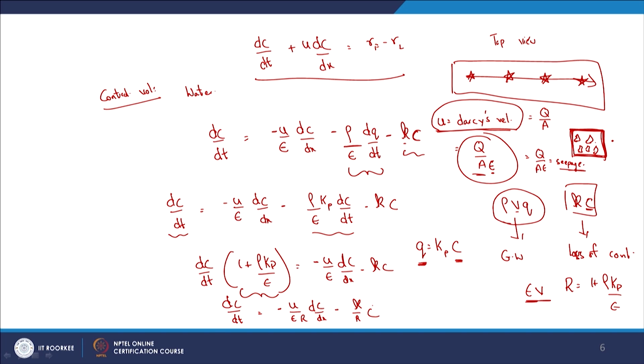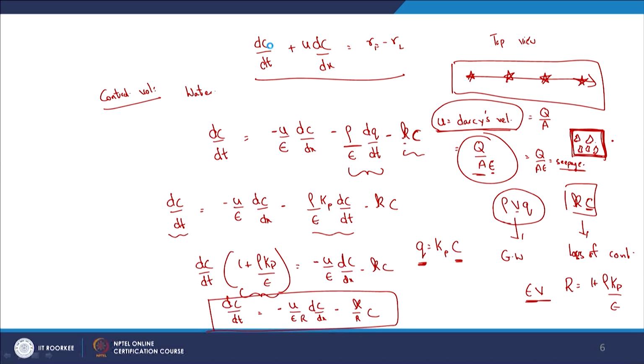This is what I have, and I am going to write this on the next page, and also simplify this further. Let me just write that down here. dC/dt is equal to minus u/(porosity × R) dC/dx minus (k/R) C, right. Well, that is what we have here.